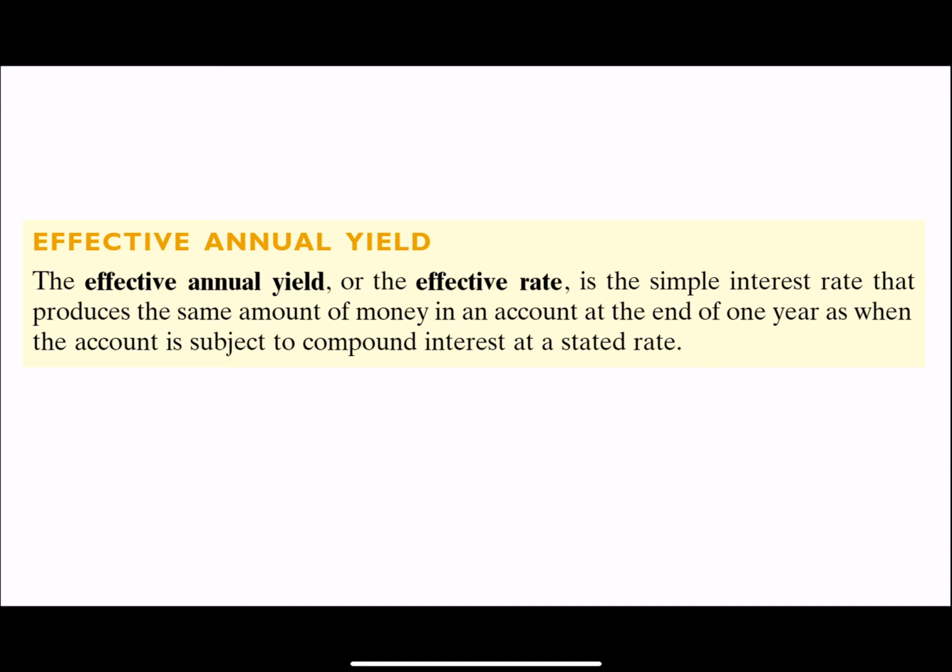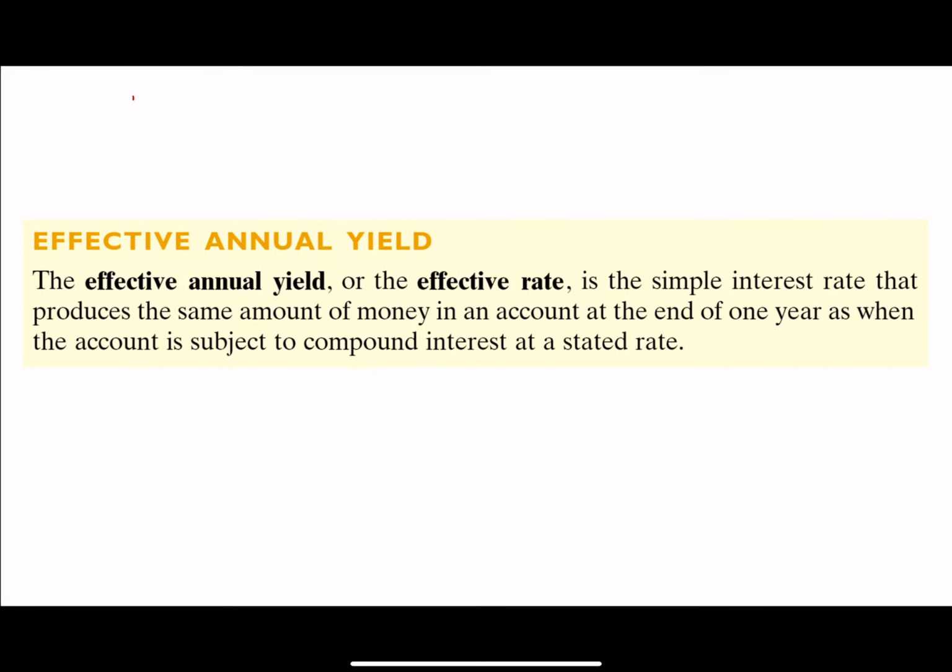Now there is a concept, effective annual yield. Well, guys, let's say you go to a bank and you say that you want to deposit a value, let's say P, principal, let's say $2,000.